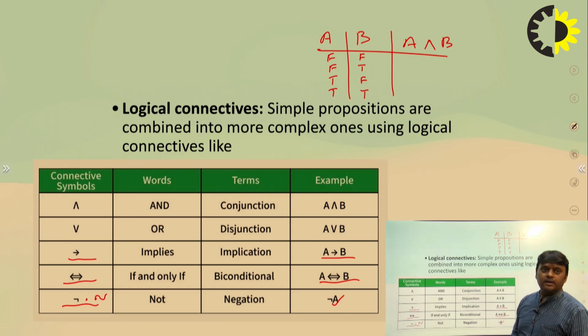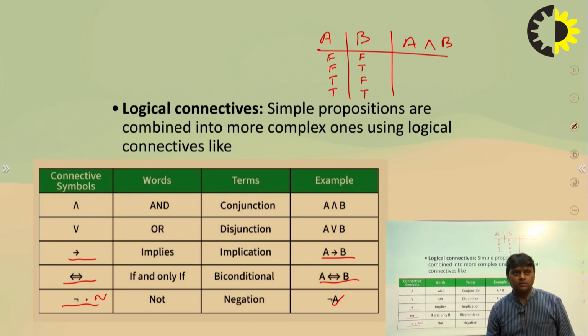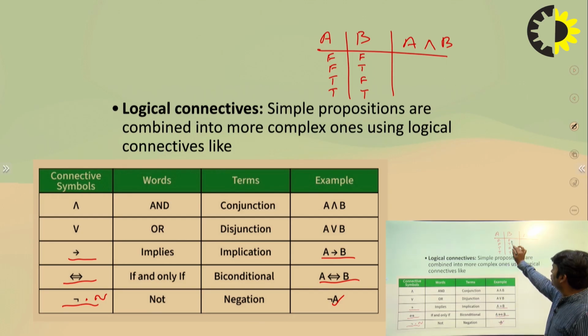If we apply the AND operation, then if both symbols are false, the output will be false. If one symbol is false and one is true, then the output will also be false.